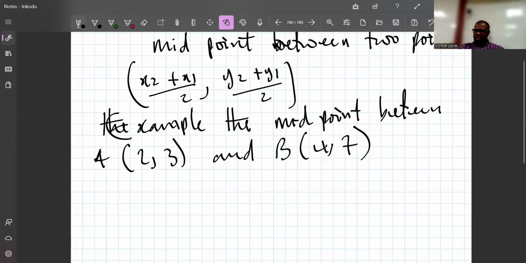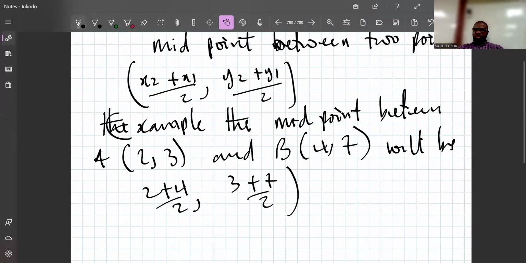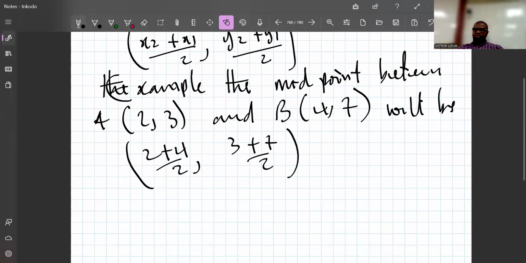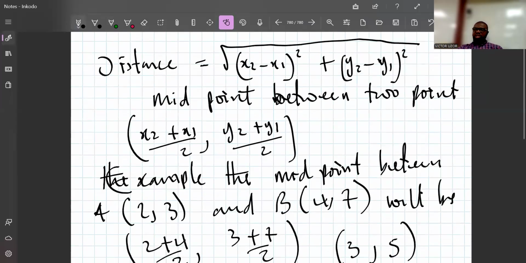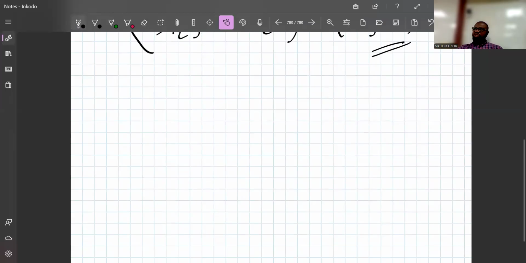The midpoint will be 2 plus 4 over 2, comma 3 plus 7 over 2, which will give you 3, comma 5, the midpoint. It is important that you know this midpoint because we are going to be making use of it later. Okay, so we have learned the distance between 2 points and the formula for finding the midpoint.